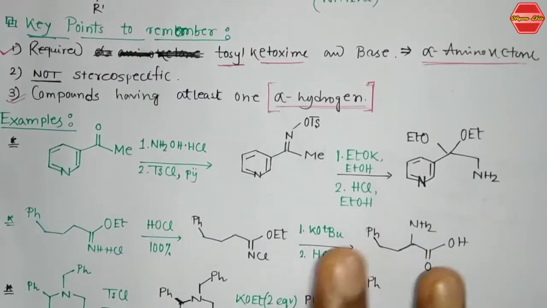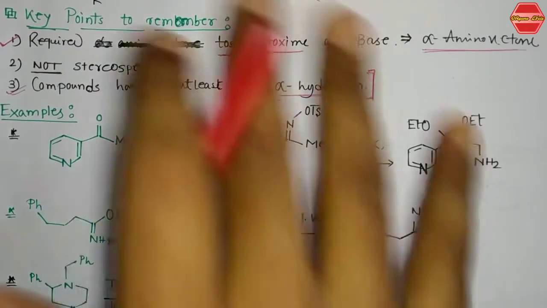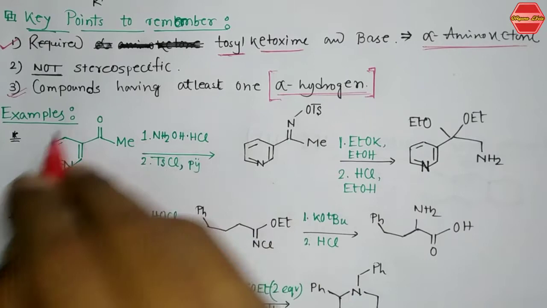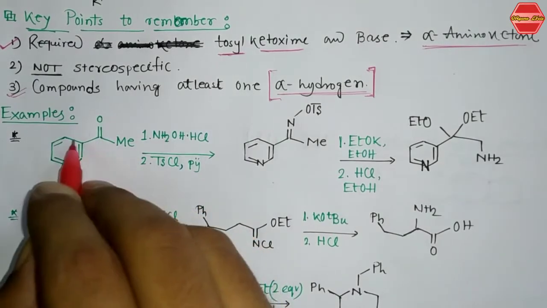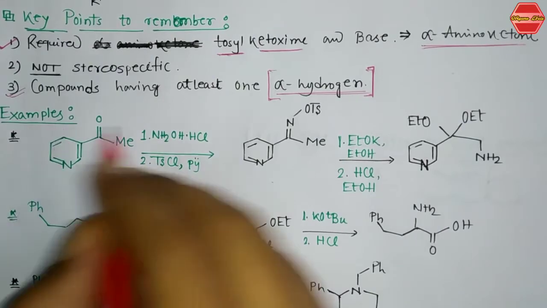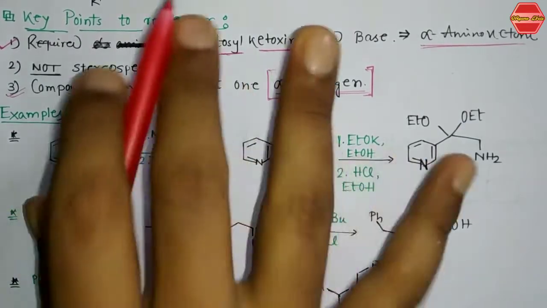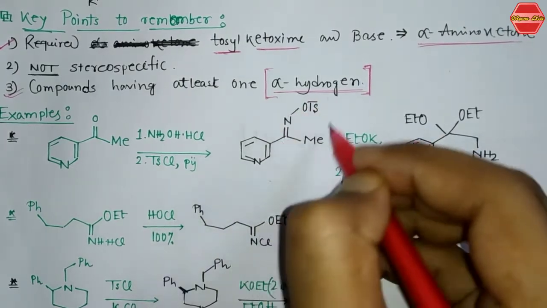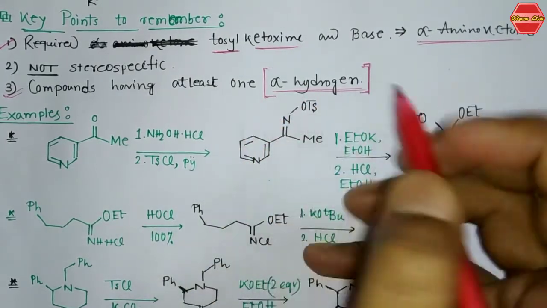Now let's see some examples of this reaction. See the first example: a pyridine derivative with a COMe group attached to the pyridine. And how do we get this kind of derivative, that is, the tosyl ketoxime?